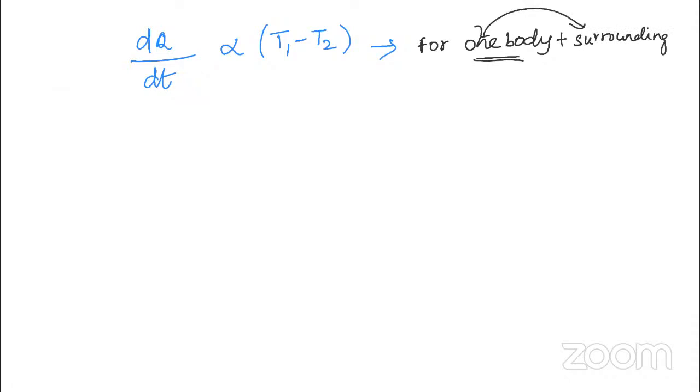Suppose we choose two bodies, and some amount of heat energy transfers from them to the surroundings, then we use the next formula, for two bodies and surrounding.